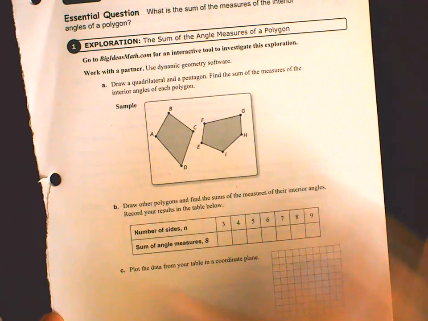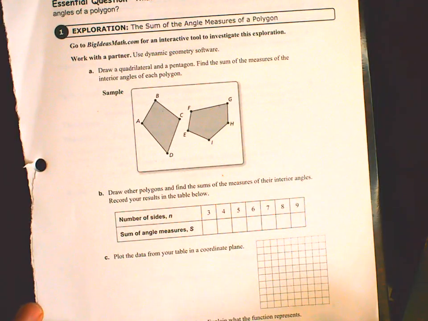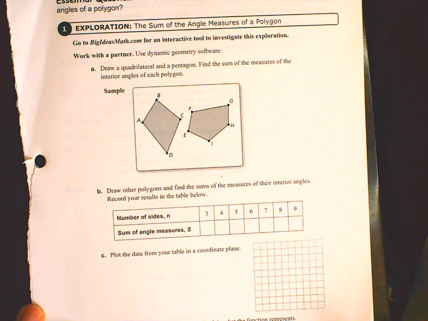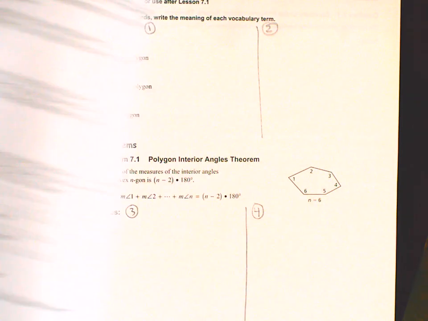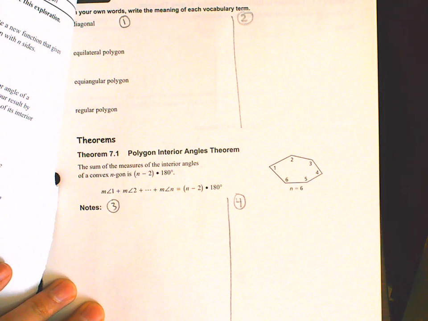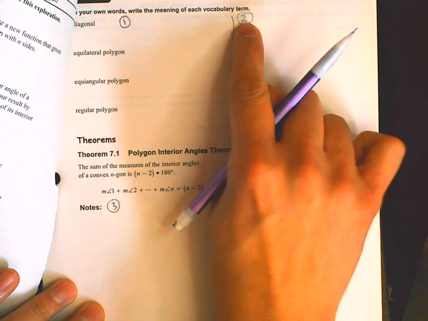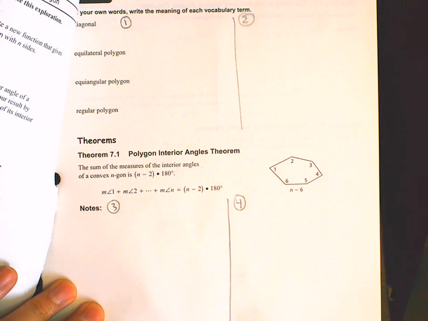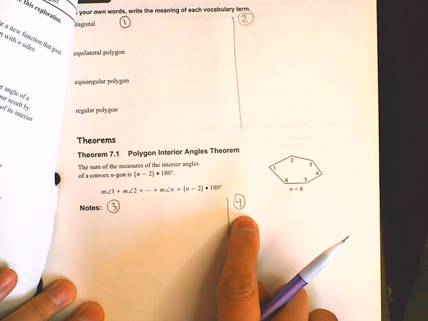Okay. Before we start with the exploration, we need to make sure that we write down where the problems are going to go. So please turn to page 197. On page 197, you are going to do problems number 1 and number 2, divide that into two parts, then problems 3 and problem number 4.